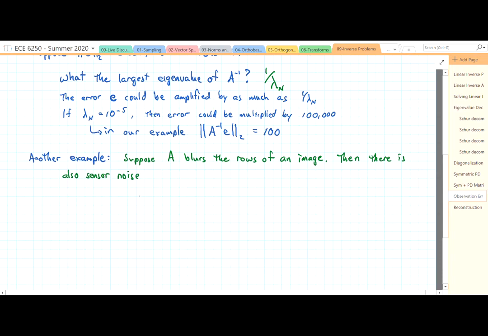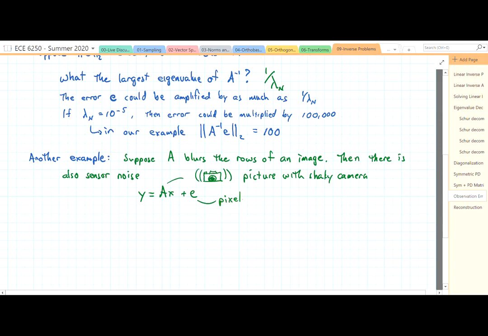So what we would have is y equal to Ax plus e. We'll have our camera that's shaking. And I would say it's a cheap camera that adds pixel noise, but they all do.